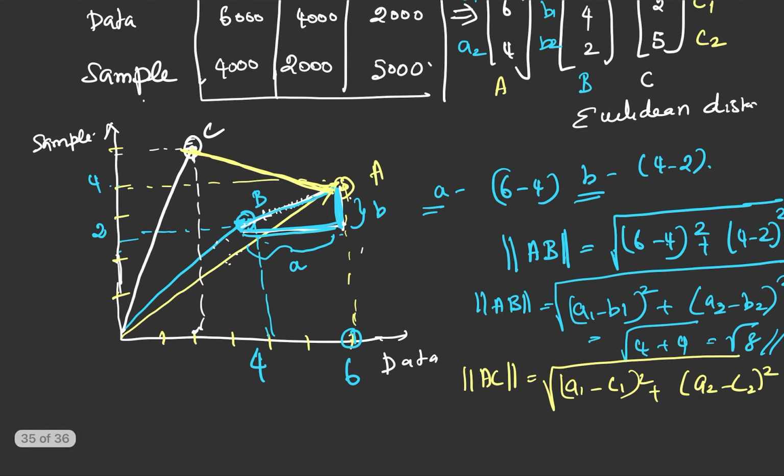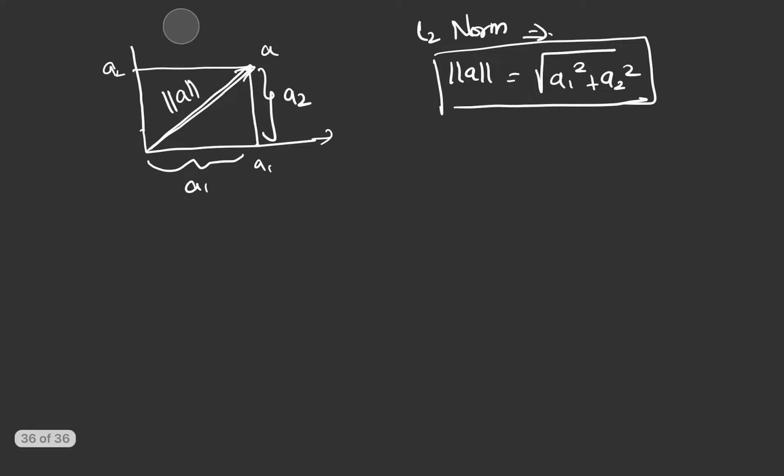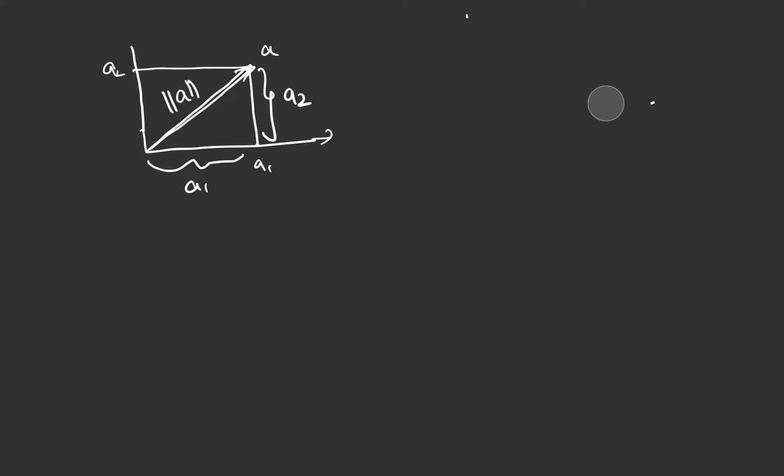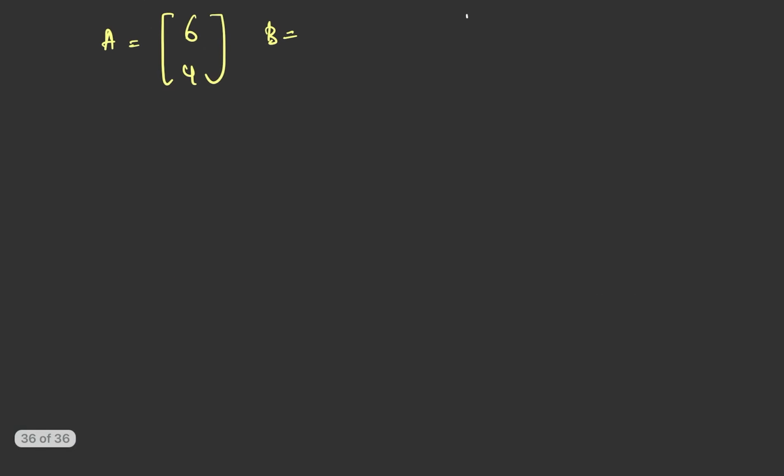Then you apply it on the vector space. A is 6, 4 and C is 2, 5.